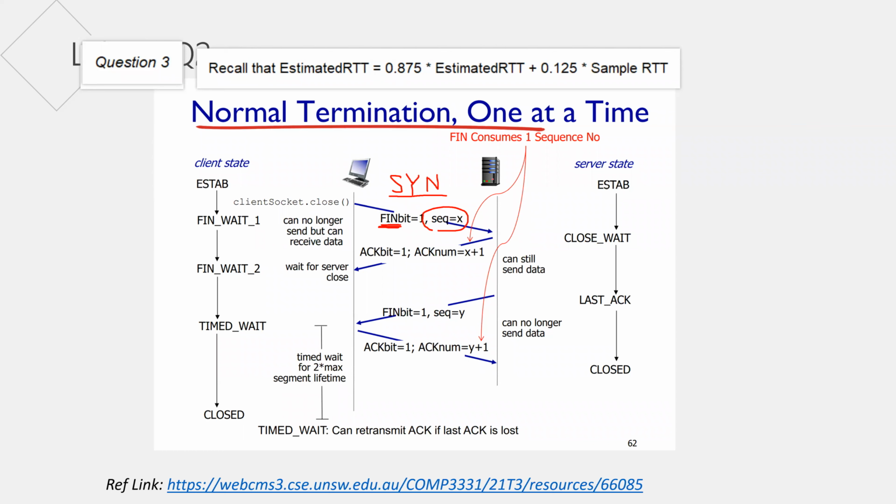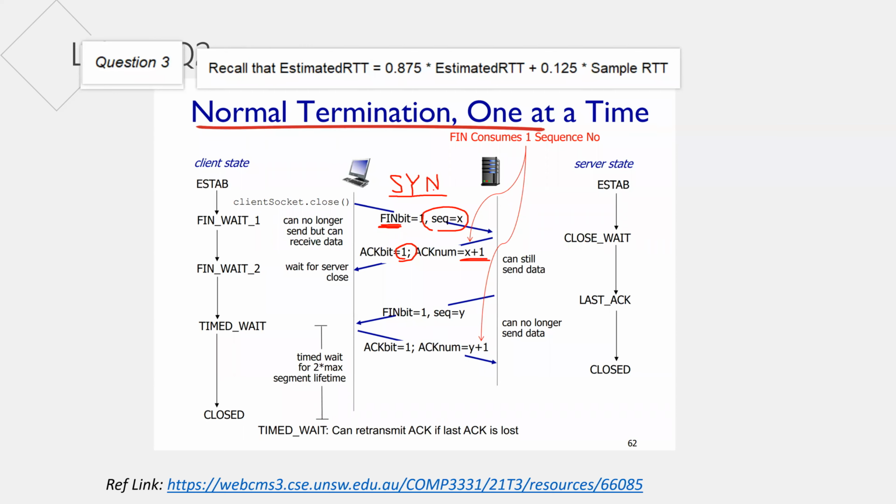Both of them are worth 1 byte. So that's the reason why we need to plus 1 here. Even if we didn't send any data in this packet, the SYN will be worth 1 byte.